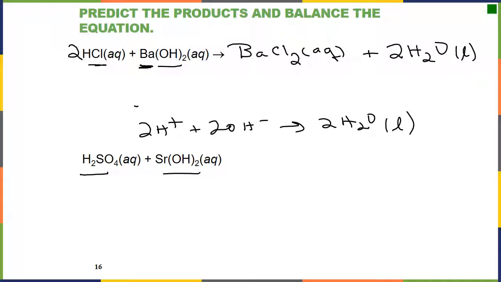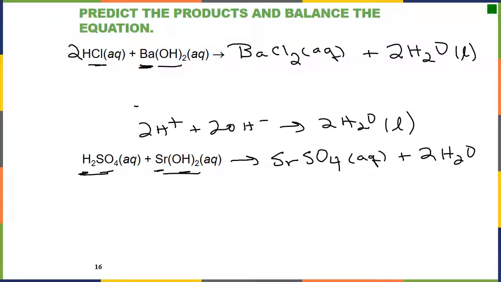If we took sulfuric acid and reacted with sodium hydroxide, again, we look at this and realize we have two OHs and two H pluses, so we're going to have two H2Os. Our secondary product is going to be strontium sulfate. Strontium sulfate is soluble, and so we're going to put an AQ here, and that is going to be our molecular equation.